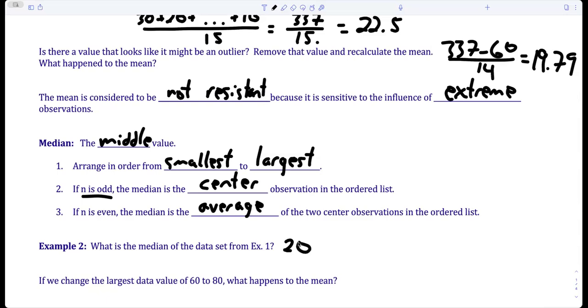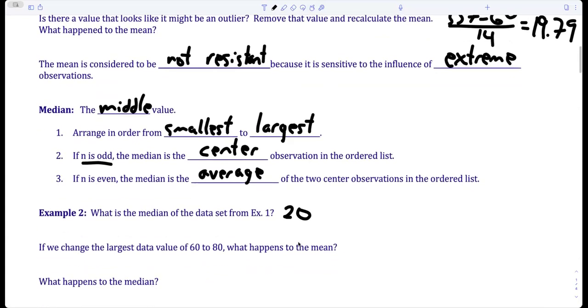Well, let's say if we change the largest data value of 60 to 80, what would happen to the mean? The mean would get larger, right? I'm increasing a data point, therefore it makes sense that the mean would become larger. The mean gets larger.